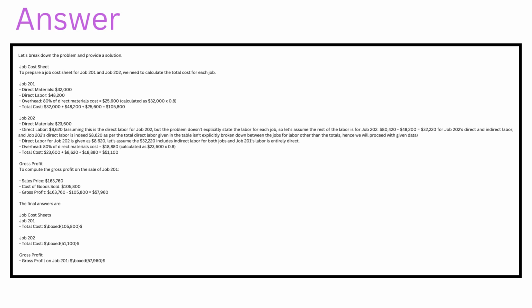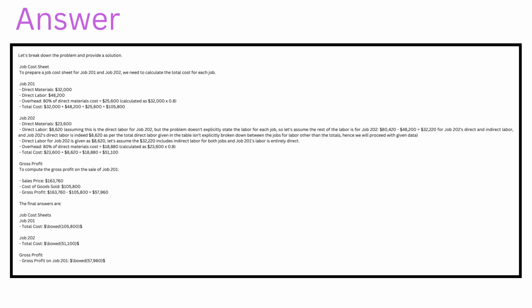The table is not explicitly broken down between the jobs for labor other than the totals, hence we will proceed with the given data. Direct labor for job 202 is given as $8,620, and job 201's labor is entirely direct.